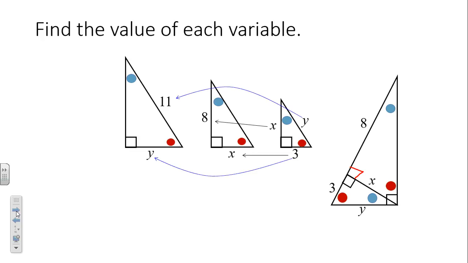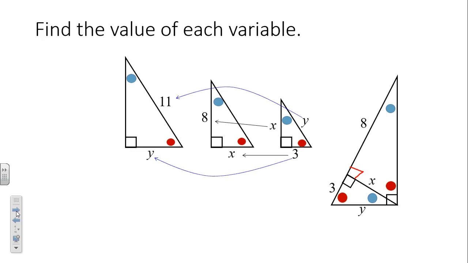So now let's think about how they're related to each other. The 3 of the small triangle goes with the x of the medium-sized triangle. They're proportional. Does that make sense to everyone? The small leg, small leg. The longer leg and the longer leg are also going to go together.